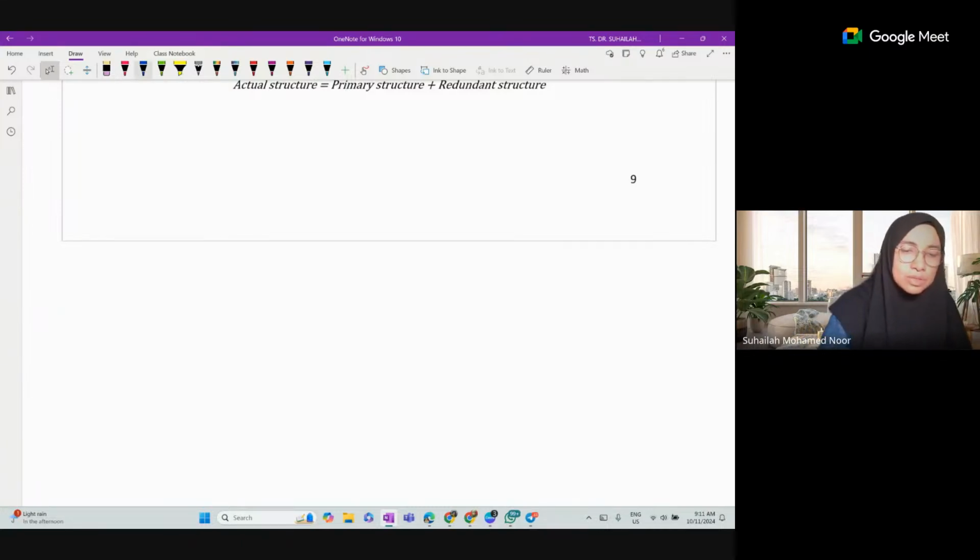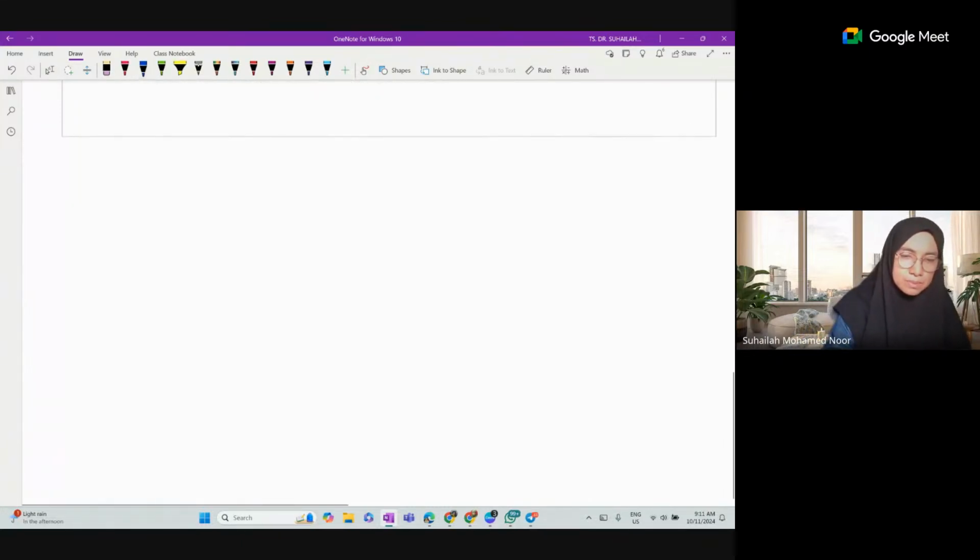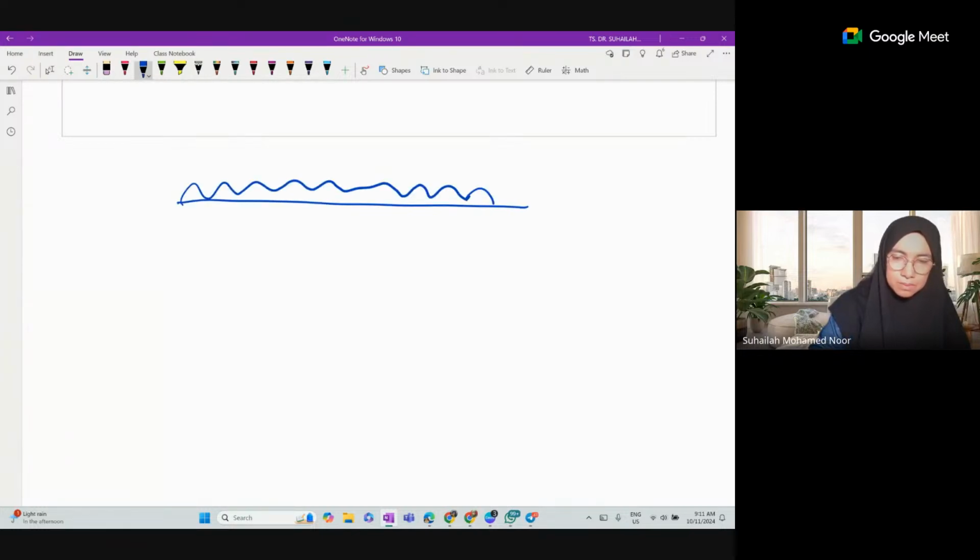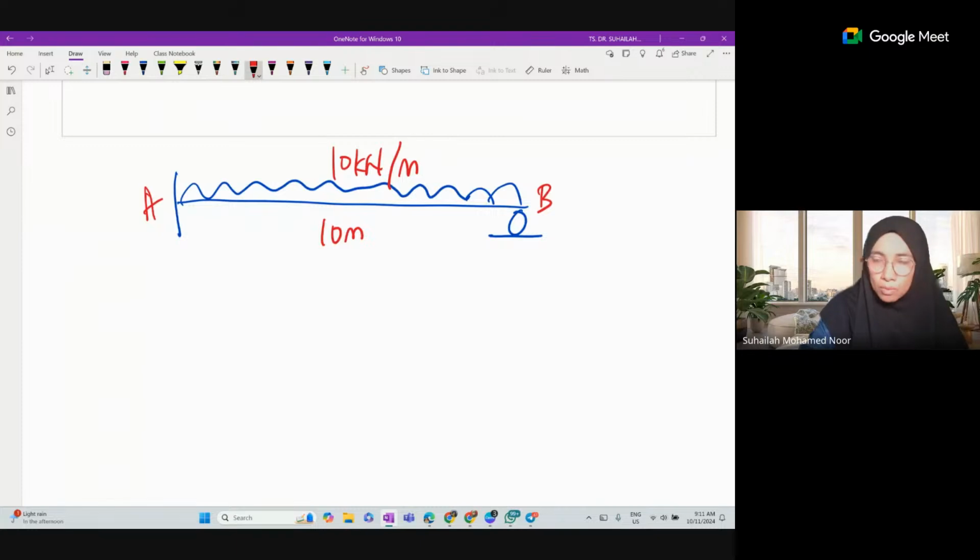One end fixed, one roller, so this is A and B. Let's say the load is 10 kilonewton per meter and the beam is 10 meter long.